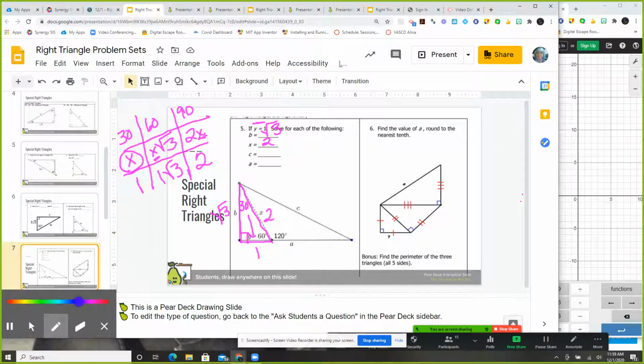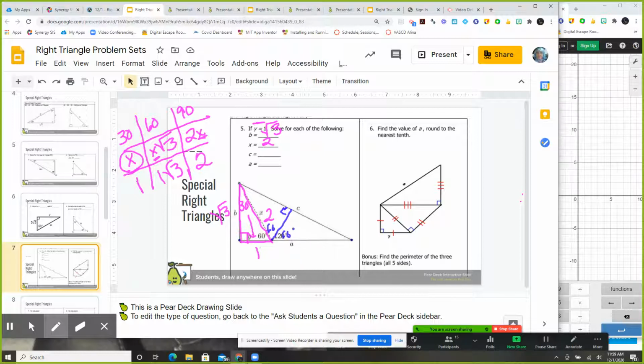The next part is the tricky part. You ready? If I bisect, if I cut 120 in half, what's the measure? There is a 90 here. I cut 120 in half. So that means this is 60 and this is 60. Beautiful.